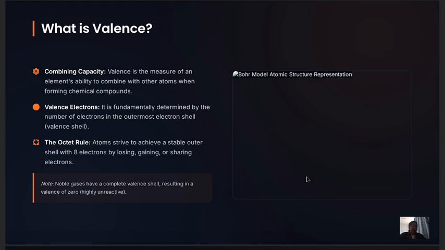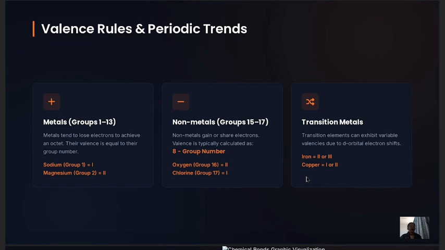For example, if you look at the periodic table, we can see noble gases. Noble gases already have a complete outer shell. This is why their valence is zero, meaning most of them are unreactive. So, valence and the periodic table.